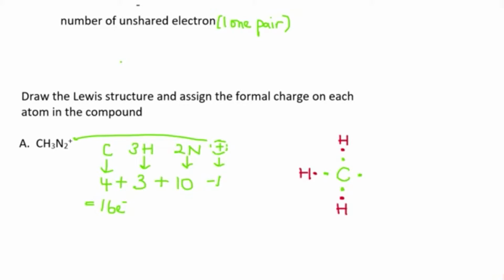How will the nitrogens orient themselves in such a way that it's stable in this particular compound? Looking at nitrogen, we recognize that nitrogen usually has 3 bonds with a lone pair.